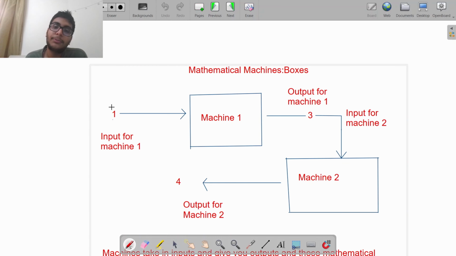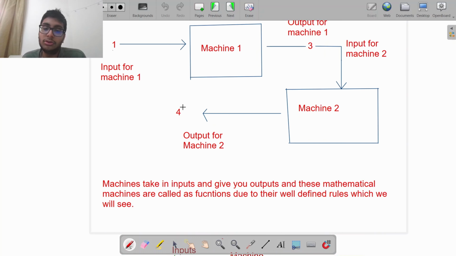So imagine 1 to be eggs, flour and everything, and 3 to be the cake. And the machine is like an oven that processes on it, or a food processor, as it were. The technology we don't have until now, and we would love to have it. 3 acts as an input for machine 2, and 4 is the output for machine 2.